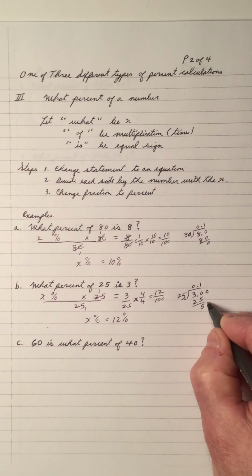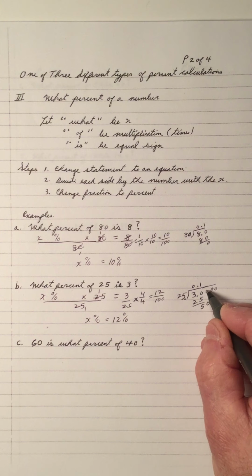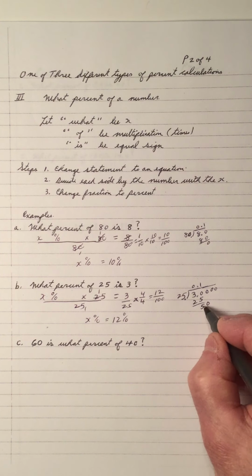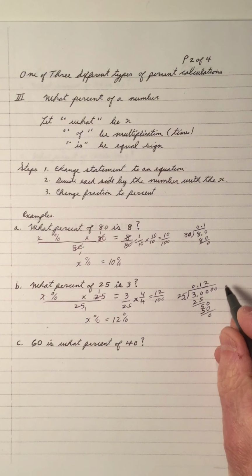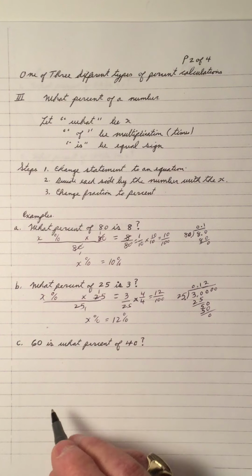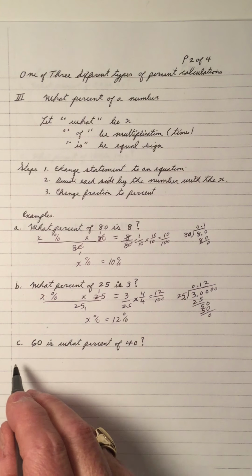So 0, bring it down. Remember, you can put as many zeros as you want on the right. So bring 0 down, 25 into 50 goes 2. And you get a 50, 0. So decimal 12 is 12%. Or you can use your calculator. Take 3 divided by 25 and you'll get decimal 12.